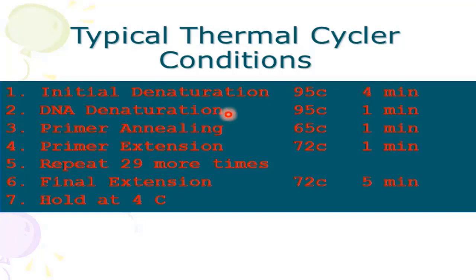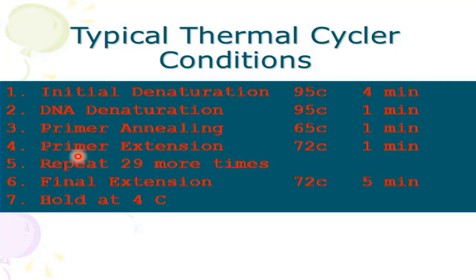Denaturation is the separation of double stranded DNA into 2 strands at 95 centigrade for 1 minute. Primer annealing, as we said, is the annealing of the primer, which acts as a complementary sequence for the non-template DNA, at 65 for example for this gene, while it differs from gene to gene. The main difference in the PCR program is the primer annealing temperature.